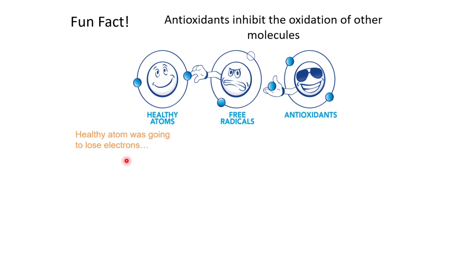The compounds that make up your cells can be damaged by free radical species in your body or in the environment. This was going to be oxidized. In other words, it was going to lose electrons. This antioxidant gives up one electron because it has a low enough ionization energy that it is able to do so. This prevents the free radical from taking an electron from this other atom.